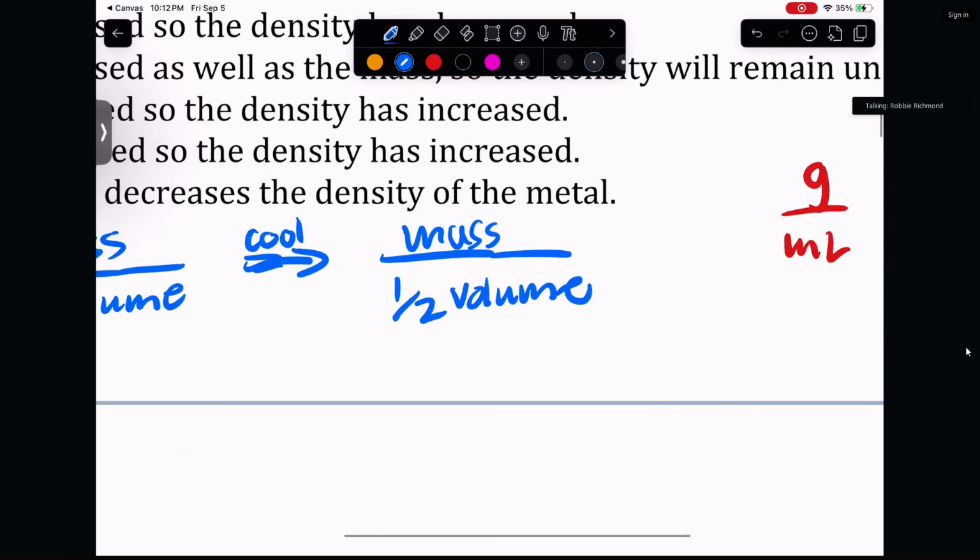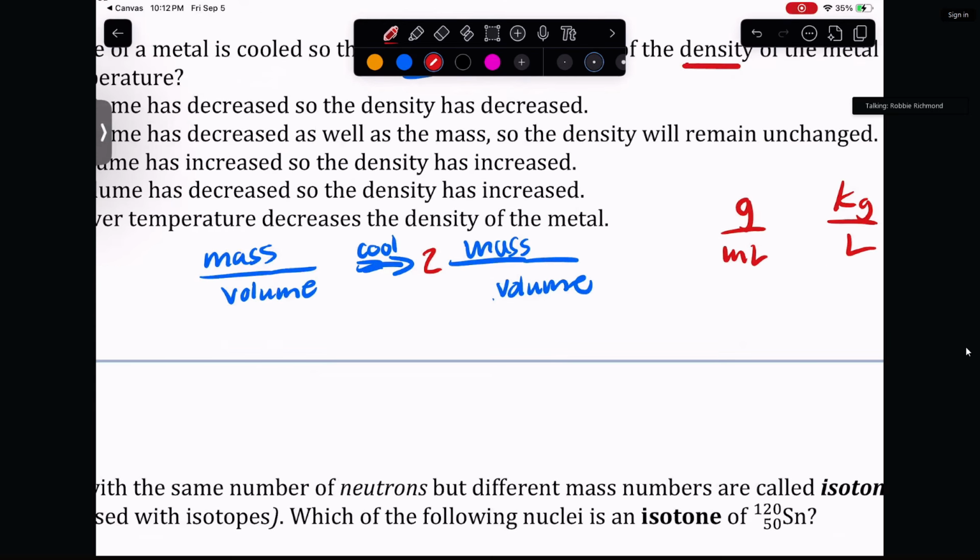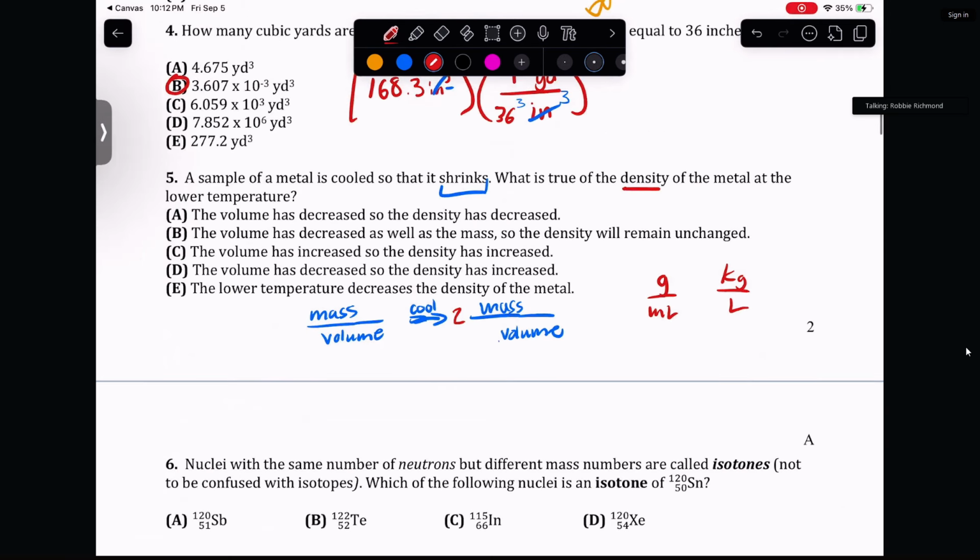Remember, this is 1/2 of the volume in a more expanded form. That means we multiply this entire thing by 2. So the density would be twice the amount if the volume shrunk by 1/2. Now, this isn't exactly what is happening. It isn't that extreme of an example, but the mass would definitely stay the same and the volume would decrease, resulting in an increase of density, aka answer choice D.